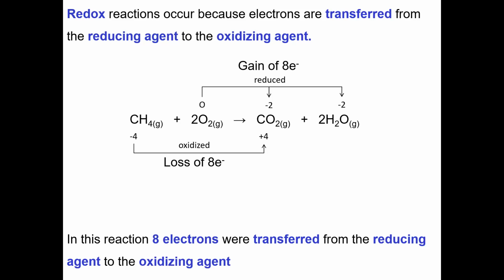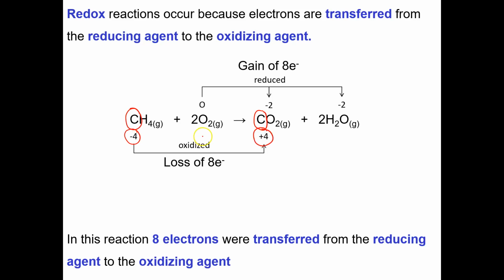Now, another interesting quality of the oxidation number is that the change in oxidation number indicates the number of electrons that are being transferred. So if we look at the example that we've been working with, we can see that our one carbon atom changes its oxidation number from -4 to +4.